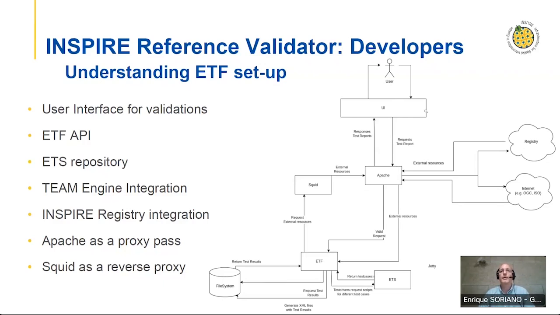As you have seen, the UI uses the ETF API, but this UI and this ETF API can be used in a massive way and can harm the production reliability and overload. So in this case, we have created an API gateway. So when you are using the UI or you are calling the ETF, it is passing through an API gateway and it is getting to an Apache.